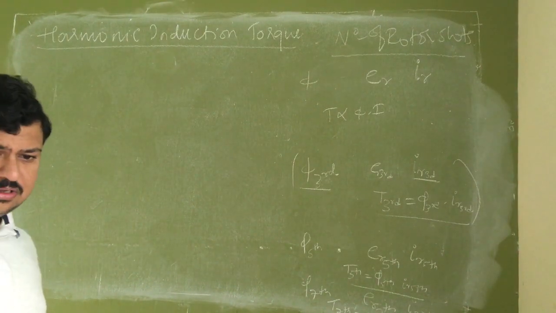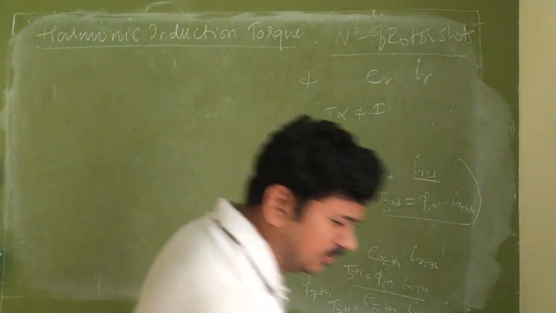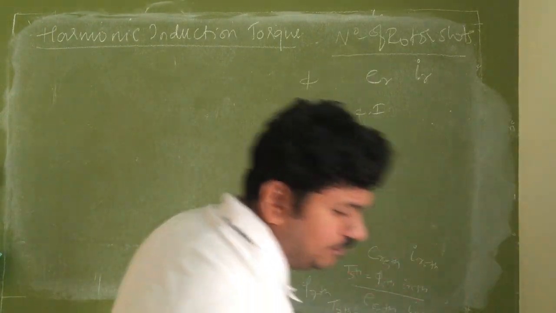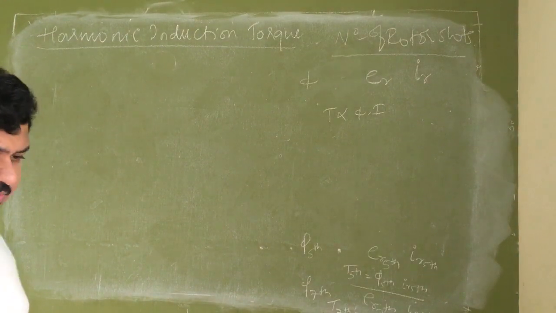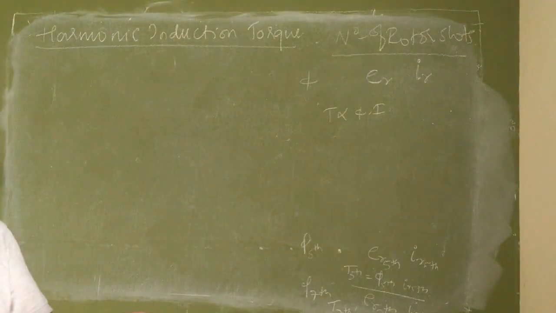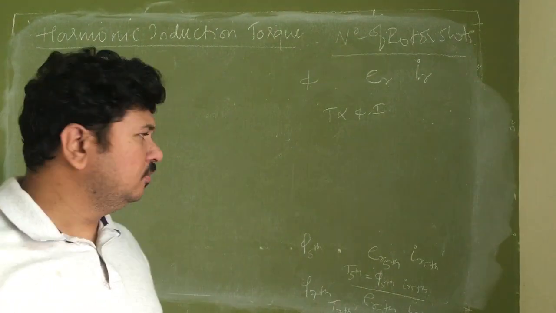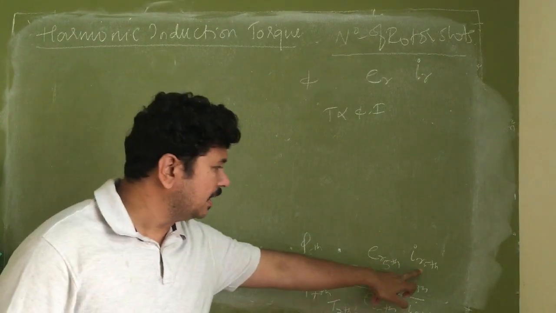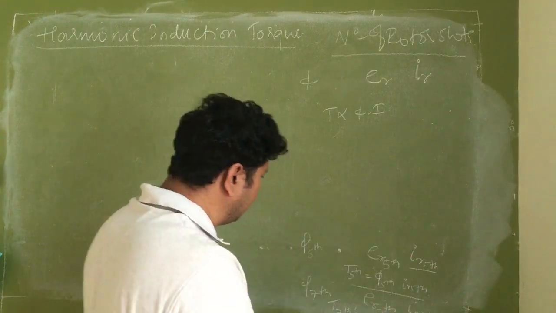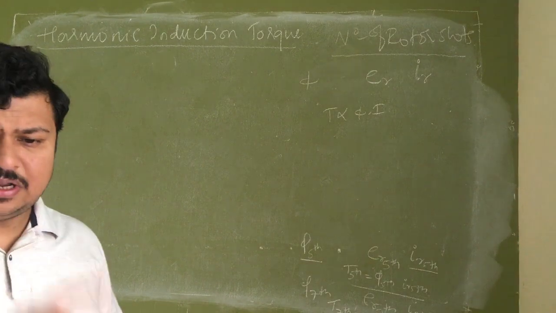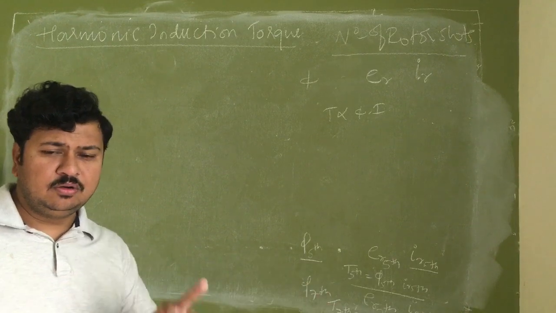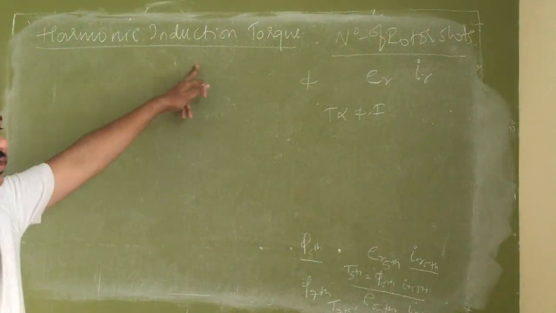Those harmonics, I will wipe out the third harmonic. We don't want third, we will keep only fifth and seventh. Those harmonics present in the flux wave of the rotating magnetic field will induce harmonic induced EMFs in the rotor, and those harmonic induced EMFs will circulate harmonic currents in the rotor. Now when the harmonic currents in the rotor and harmonic flux linking the rotor interact, torques are produced, and those are known as harmonic torques or harmonic induction torques.